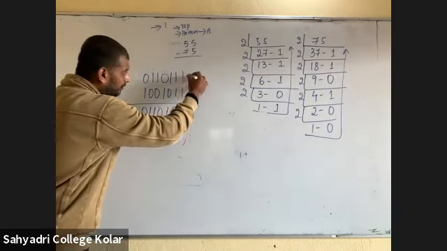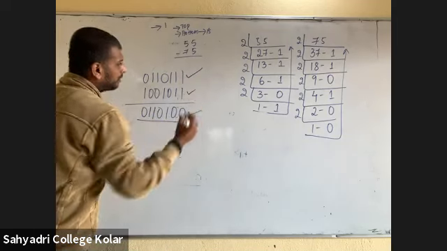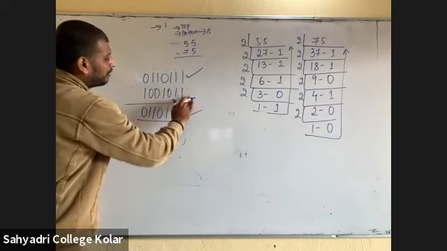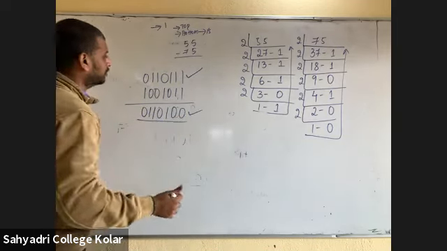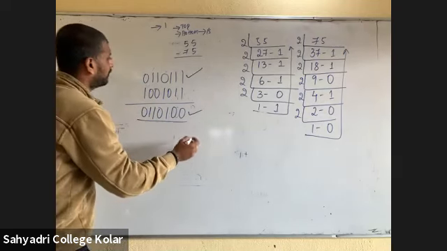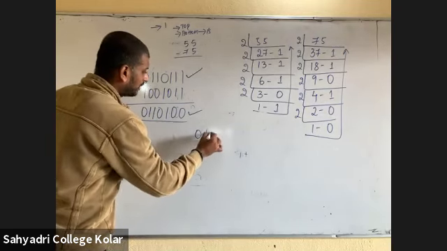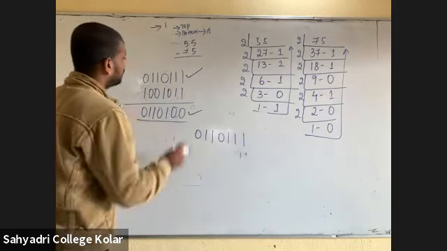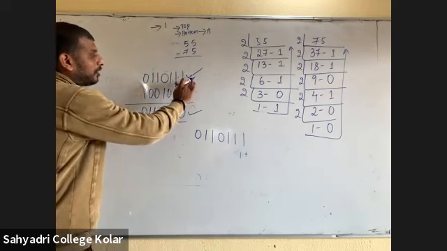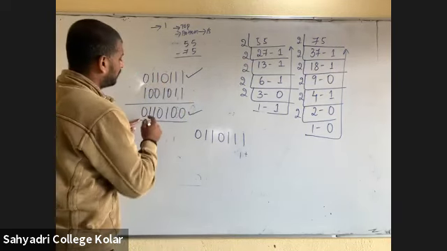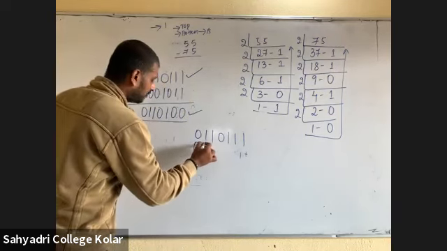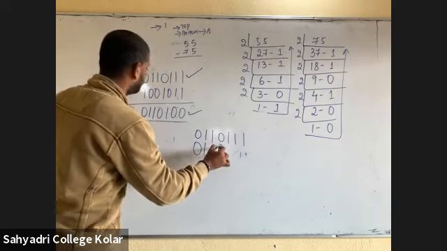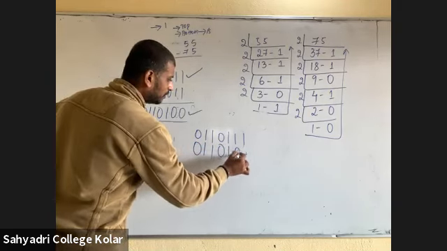Now take the top number and the ones complement of the bottom number. What is the top number? 0110111. Sorry, this is the number at the top. Next, take down the number at the bottom: 0110100.